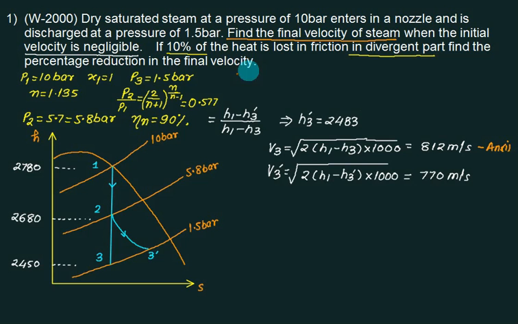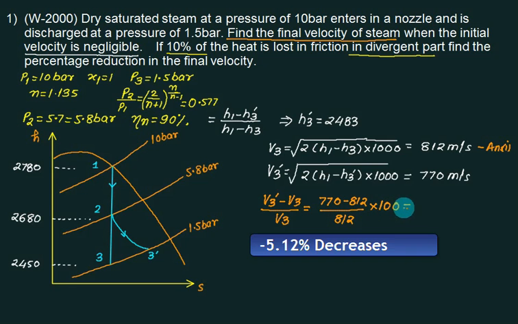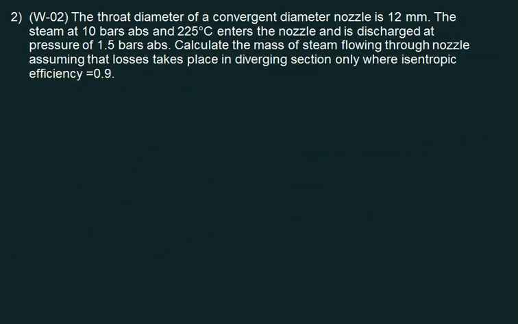Second, you have to find the percent reduction in final velocity, which equals (V3 dash minus V3) upon V3, equals (770 minus 812) upon 812 multiplied by 100. The answer is negative.